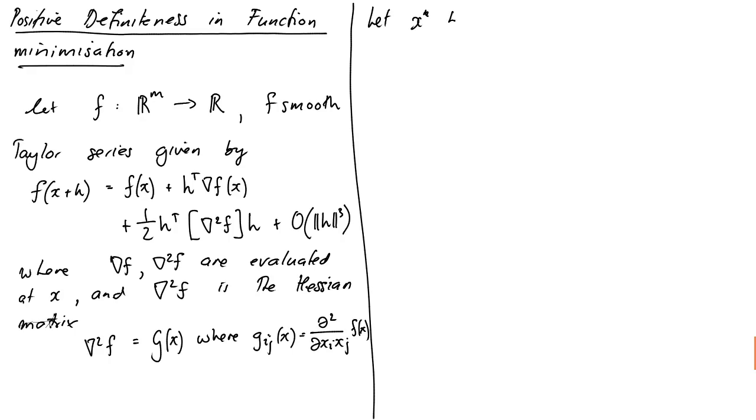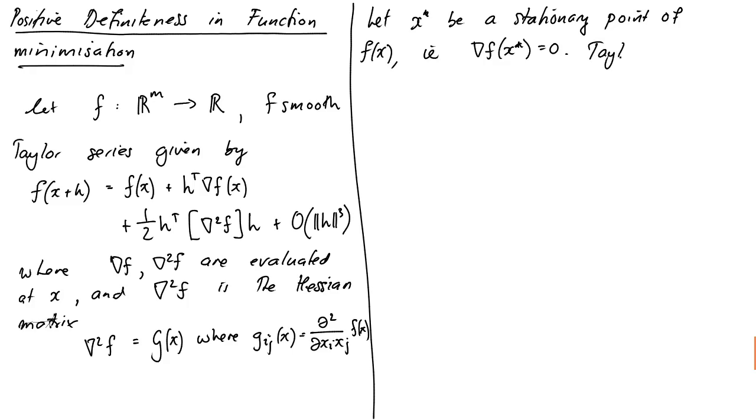So let x star be a stationary point of f of x, i.e. the gradient of f at x star equals 0. Just to not be confusing here, this is not the conjugate transpose star. This is star like in linear programming, where it means some kind of optimal. So x star is a point with a gradient 0.